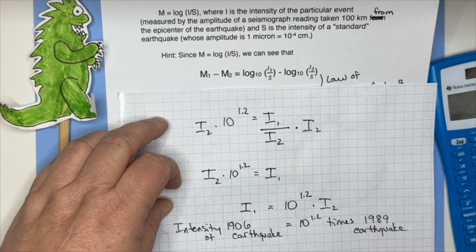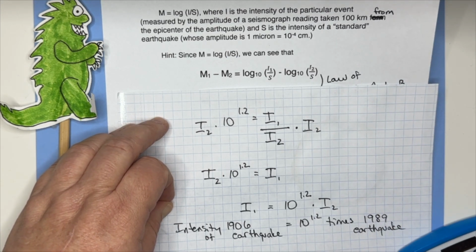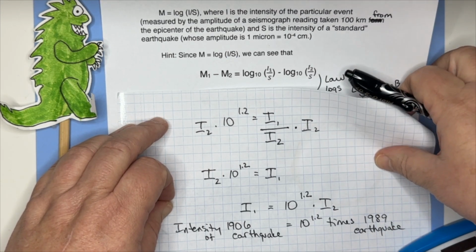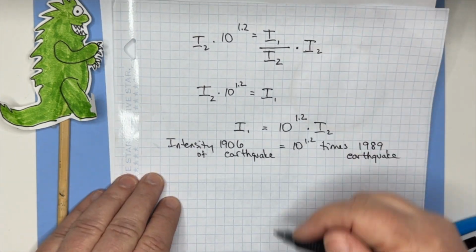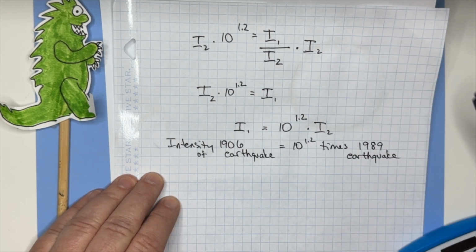And remember, intensity is that measurement of how far the seismograph moves during the earthquake, so how big those waves were.